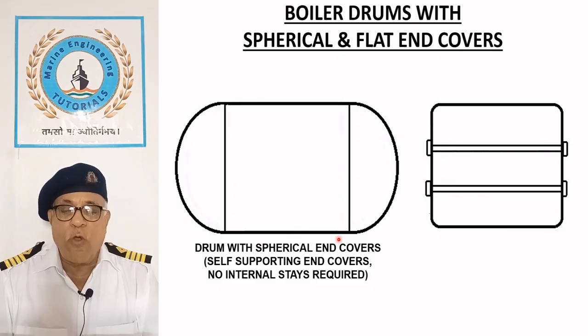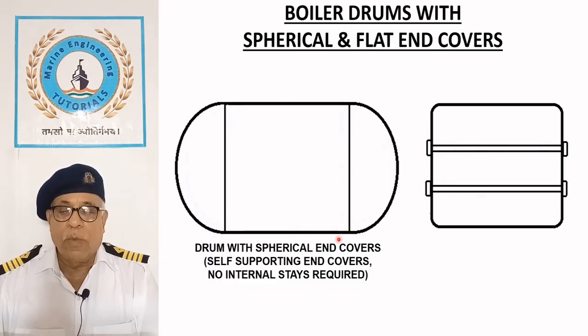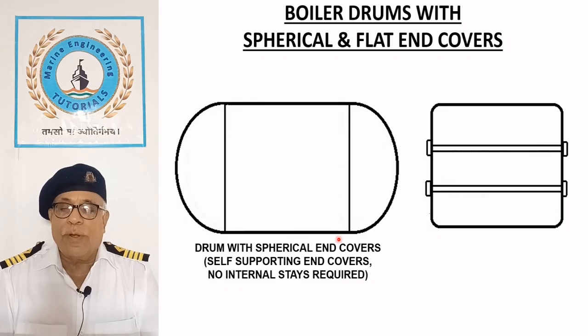This is due to the uniform distribution of stress, unlike flat end plates of the same thickness. Dished ends are essentially self-supporting. High pressure boiler shells on steam ships are therefore fitted with dished ends.